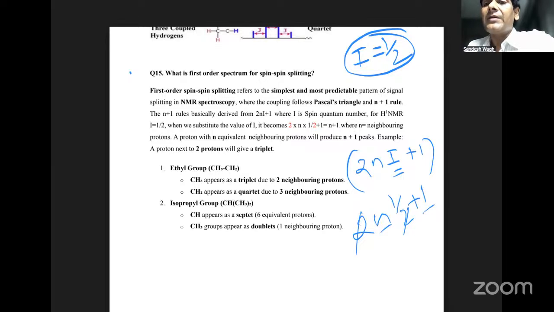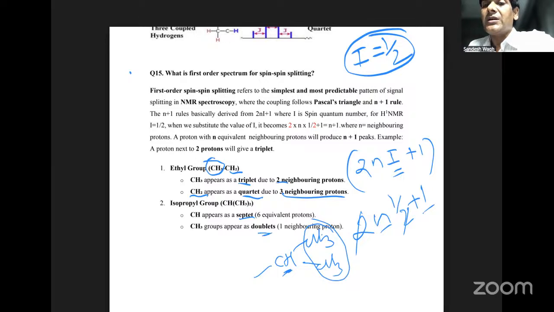Now, how is it applicable? If there is a nearby CH2 in an ethyl group, the CH3 will split into a triplet because of the 2 neighboring protons. The CH2 will be split by the 3 protons of the CH3, so that is a quartet. In an isopropyl group there is a CH attached to 2 equivalent methyl groups, so there are 6 protons nearby. 6 plus 1 is a septet, a 7-line spectrum. And both CH3 groups are the same, nearby 1 proton, so it will be a doublet.